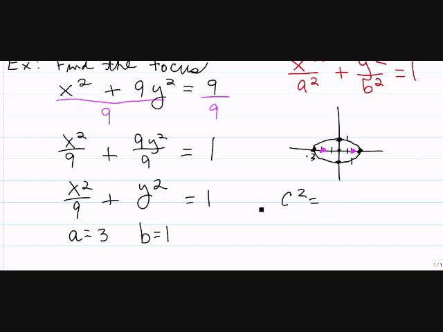A squared is 3 squared, that's 9, minus 1 squared, that's 1. So I'm going to get a positive number, so I know I subtracted in the right direction. So that means c squared is equal to 8, and c is the square root of 8. Better known as 2 root 2.